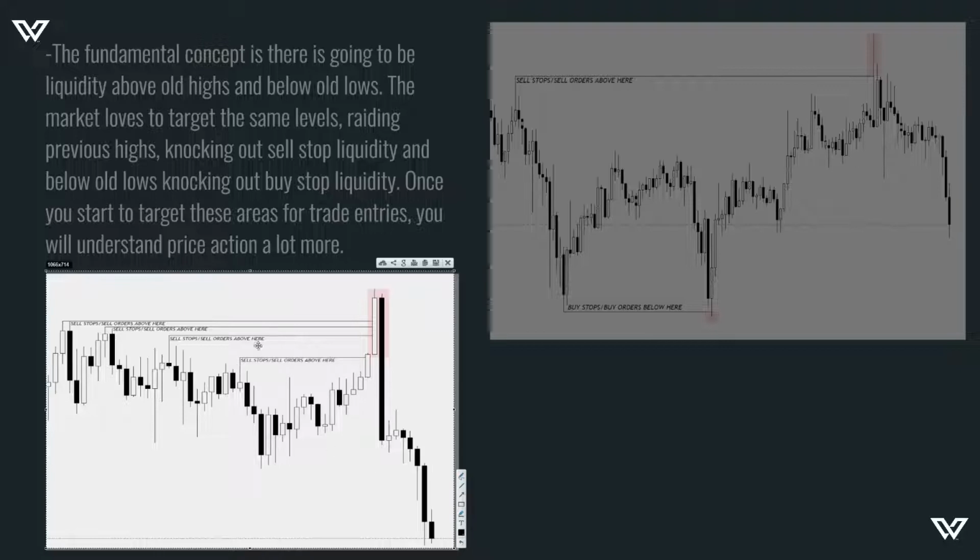So we have sell stops and sell orders above here. Anyone looking to short, anyone getting short down here, the chances are they're going to have their stops above here. Price then has this impulsive move to the upside, grabs all of these orders that are building here, any sell orders, most likely stops them out, grabs new sell orders, and then dumps.